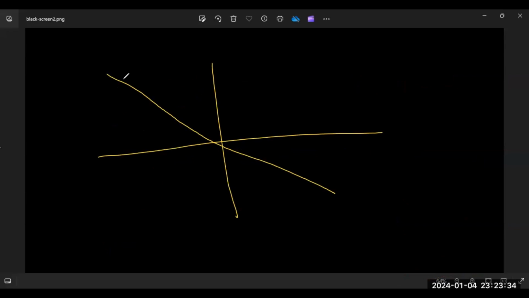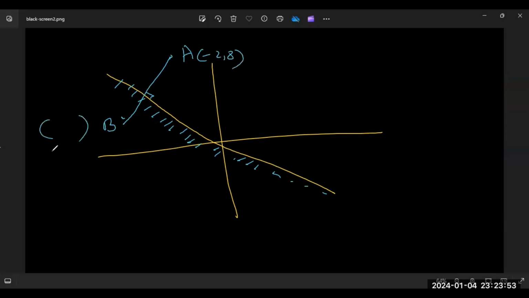It's the mirror line, right? For the line AB, where this is A and this is B, it is the perpendicular bisector. It means if A is the point (-2, 8) and it is reflected along this line, it forms B. What will be the point B?